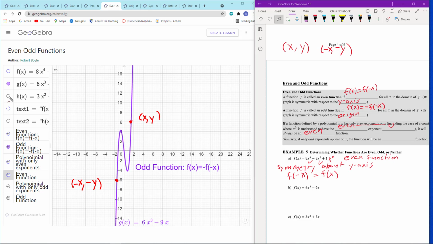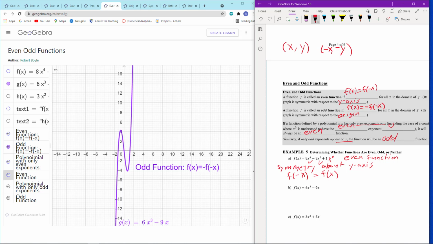Also notice that this function is g of x equals 6x cubed minus 9x, which is part B for our example. Notice that we have strictly a polynomial with odd exponents, and that is an indication of what we have seen before: if you have a polynomial with only odd exponents on x, then the function from that polynomial will be an odd function.